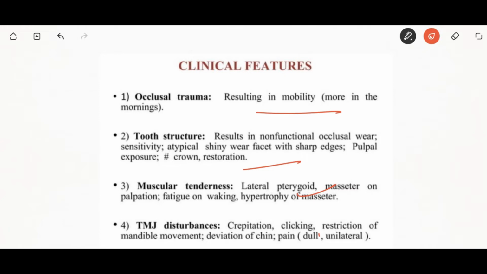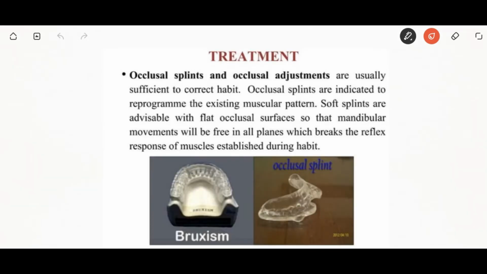If the underlying cause of the bruxism is emotional, the nervous factor must be corrected. We can use removable splints that should be worn at night to immobilize the jaw or to guide the movement so that periodontal damage is minimum.